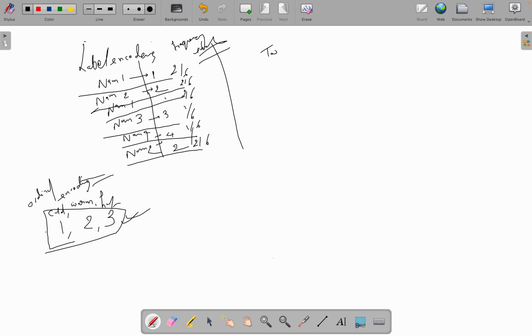Another thing is target encoding. Suppose we have some target, which I'm writing here, for the names: 1, 0, 1, 0. It may be some values like pass, fail, or something.